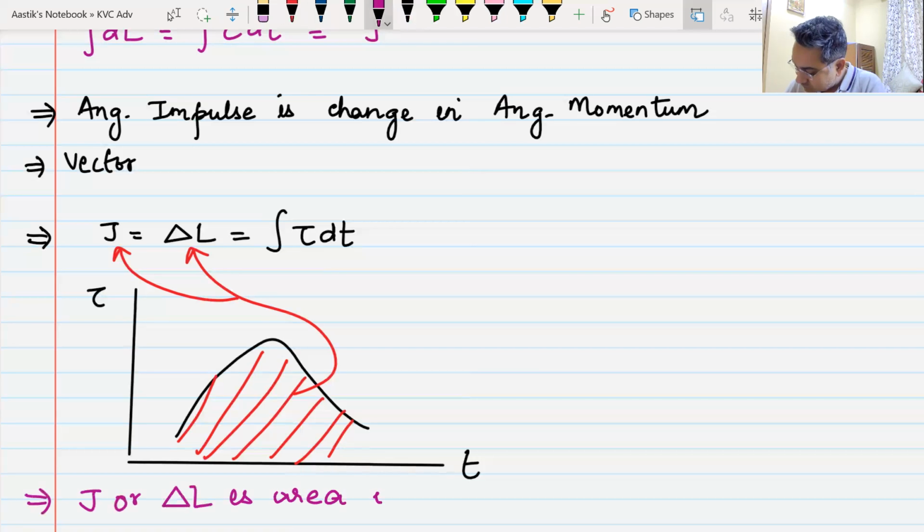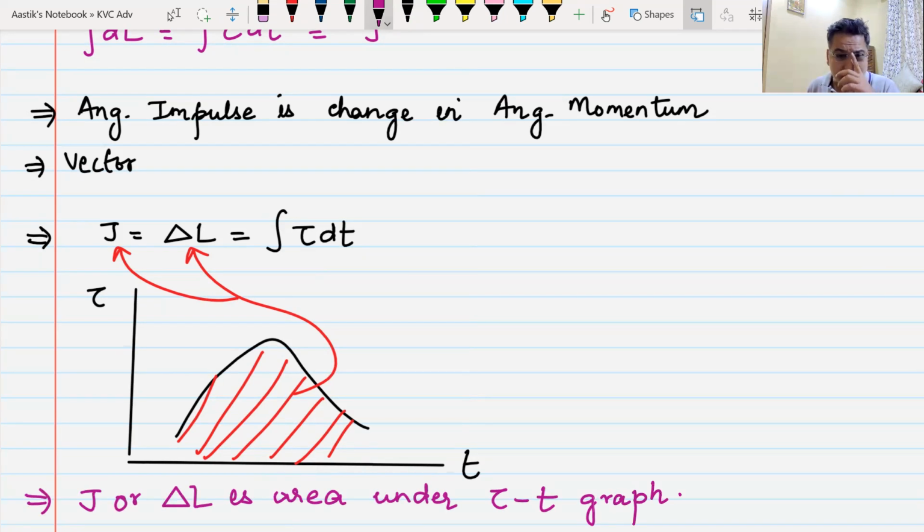Do we understand this? This is exactly the same as what we had done there. If we draw a force-time graph, the area under the force-time graph gives us the impulse or the change in linear momentum. The area under the tau-t graph gives us angular impulse or the change in angular momentum. Do we understand this? Yes, sir. Have you noted it down?